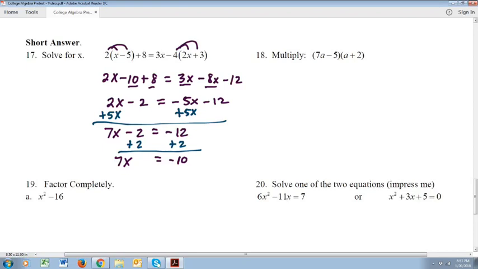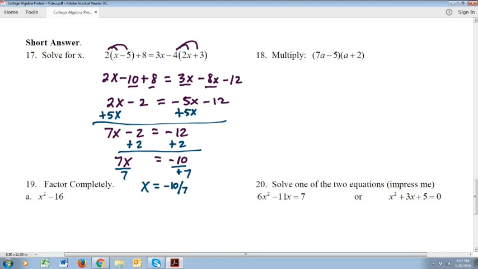And then we have 7 times x, so to get rid of that 7, we'll have to do the opposite and divide. And we get x is equal, oops, that should be positive there, negative 10/7. So if you just take it step by step, I think that's the key there.